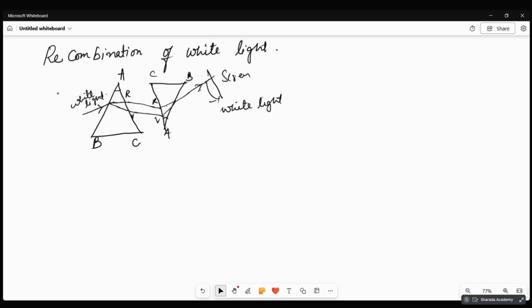Write down. Two prisms are kept close to each other.